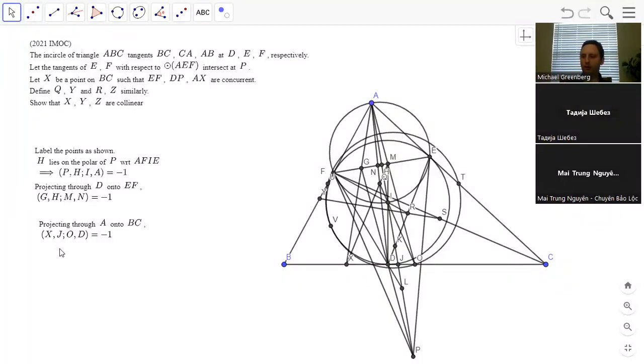But yeah, it's interesting that we saw it pass through the Feuerbach point. Yeah, I know there's a lot of properties of it. I just don't remember all of them.